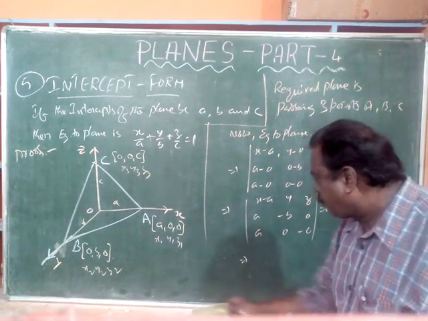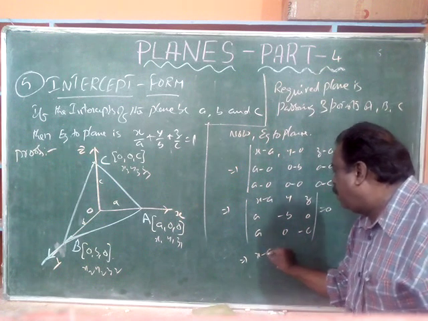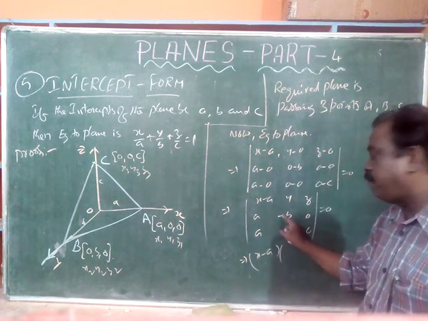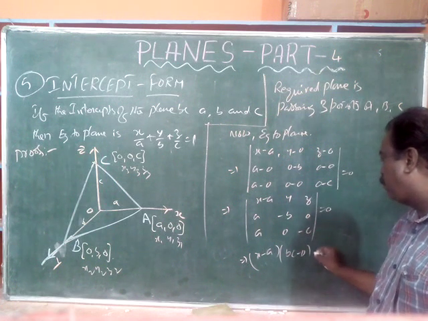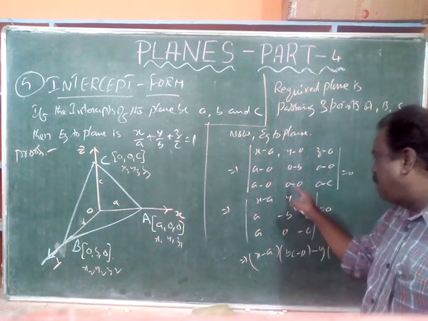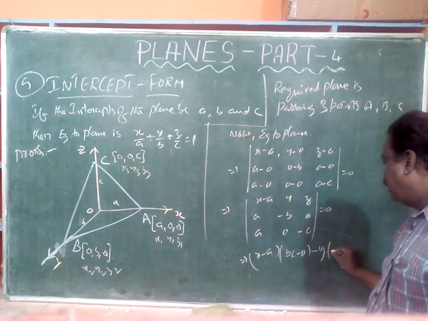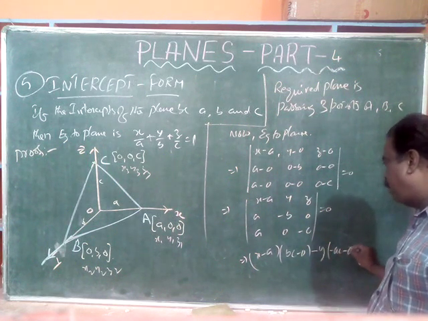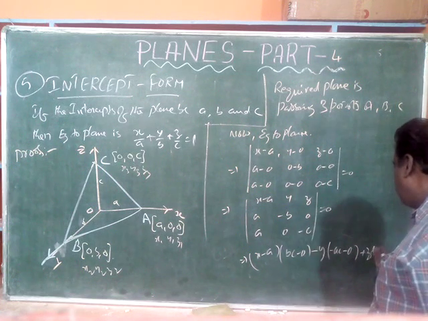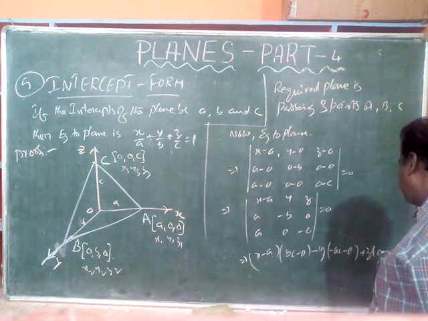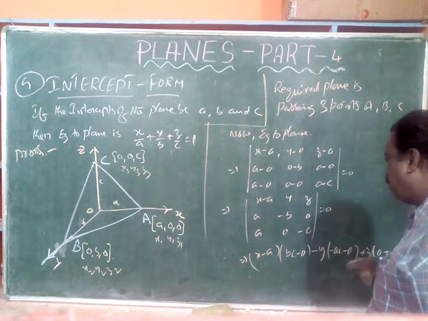Okay, now you see, this is x minus a times (bc minus 0), minus y times (minus ac minus 0), plus z times (0 plus ab).